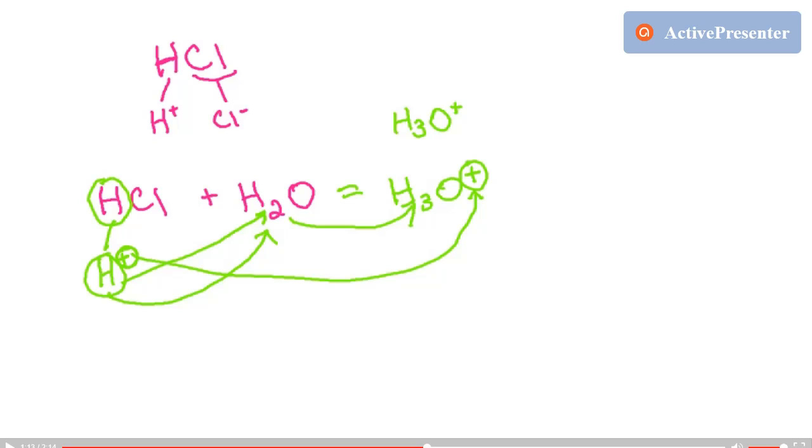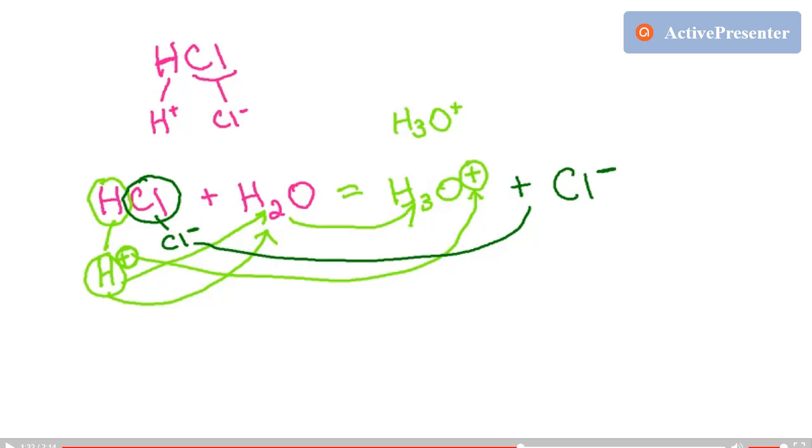And then what's left? Well, what's left is this chlorine. And when the chlorine breaks apart, it breaks apart as an ion, which is chloride. And so we're going to put this over here, plus chloride.